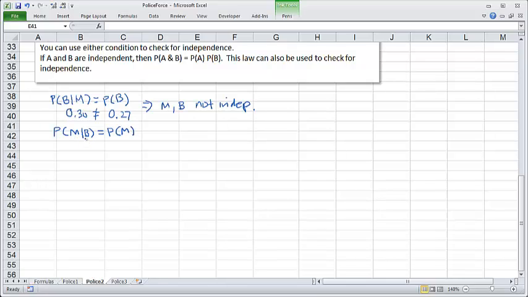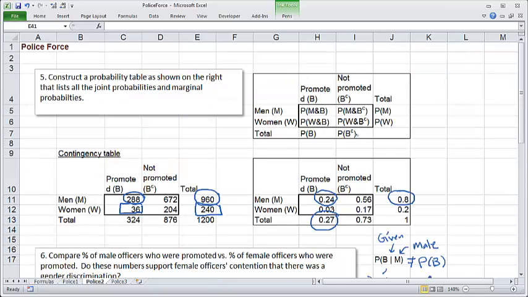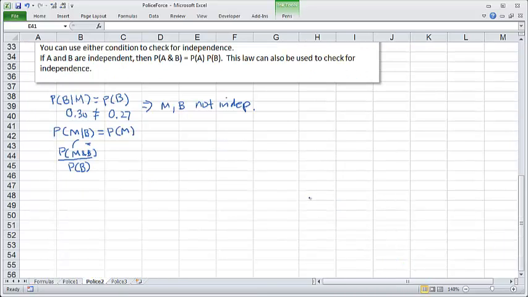Probability of M given B is going to be the probability of the joint M and B, divided by the probability of B. M and B is over here, 0.24, and the probability of B is 0.27.